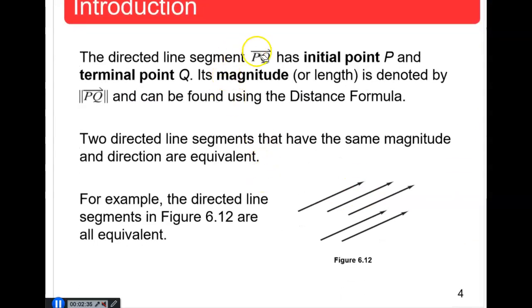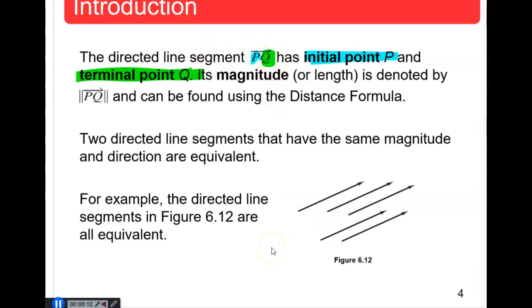The directed line segment PQ has an initial point, which will be the first letter that you see here, and then the second letter will represent the terminal point. And the little line on top with one arrow, we could call it a ray, but we're going to refer to it as a line segment or a vector.